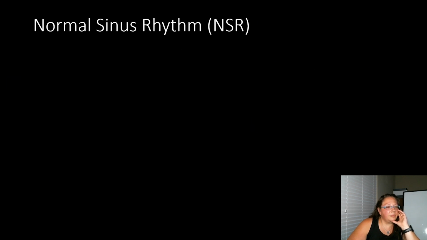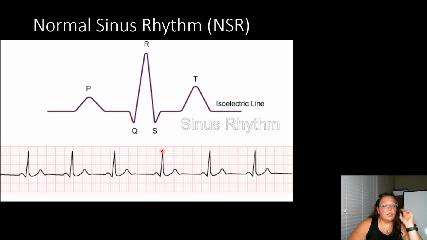All right. So we're going to go over very briefly normal sinus rhythm. In a normal sinus rhythm, you're going to have a P wave, a QRS, and a T wave. This here is exaggerated. These are very wide, but it's to show you what a normal sinus rhythm should have.